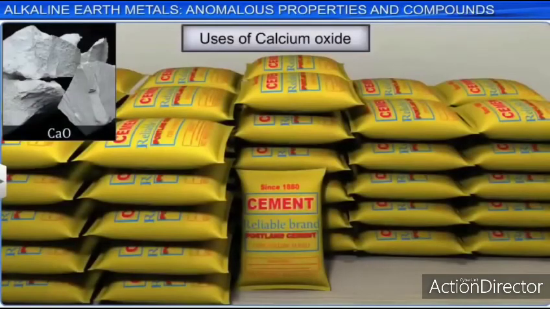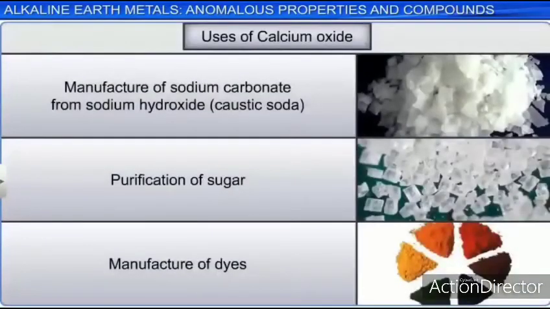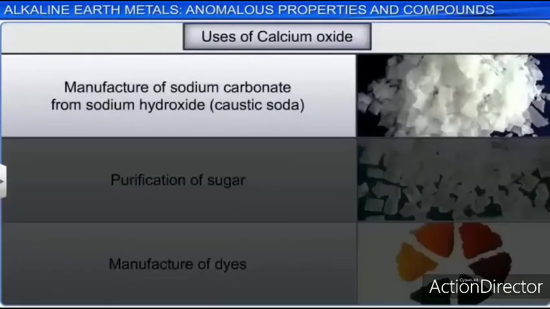It is necessary for the manufacture of cement and is the cheapest form of alkali. It is used to produce sodium hydroxide from sodium carbonate, also known as caustic soda. It is used in the purification of sugar and in the manufacture of various dyes.